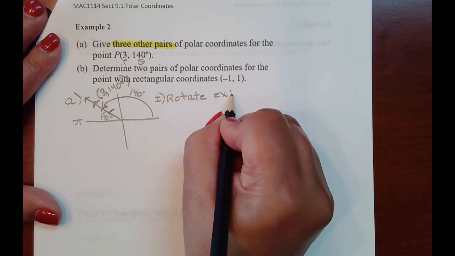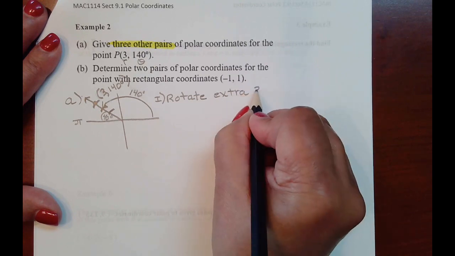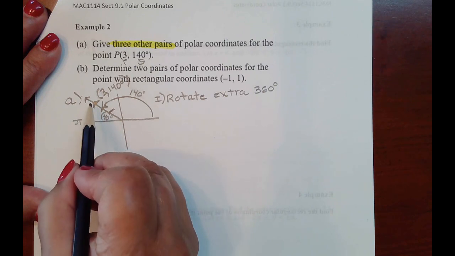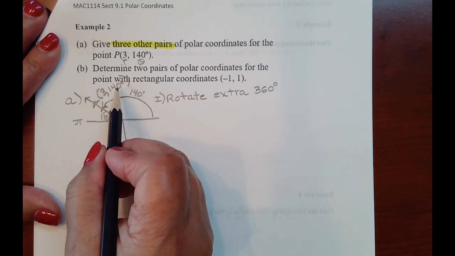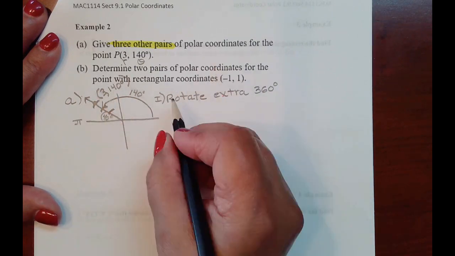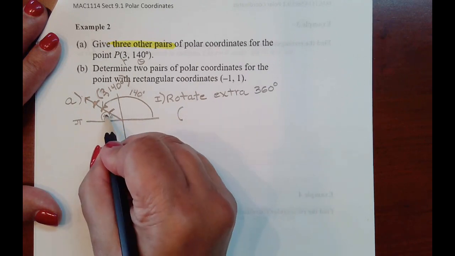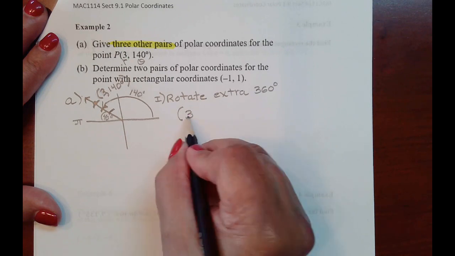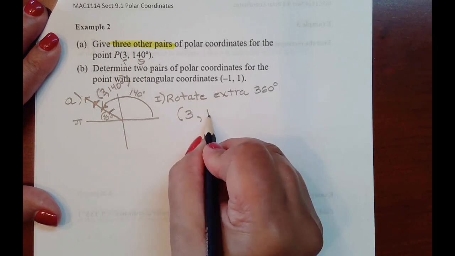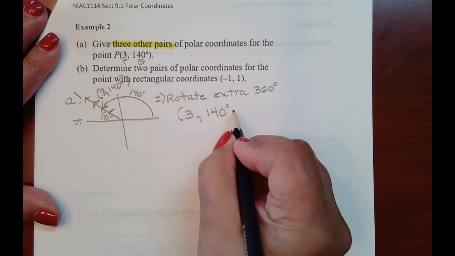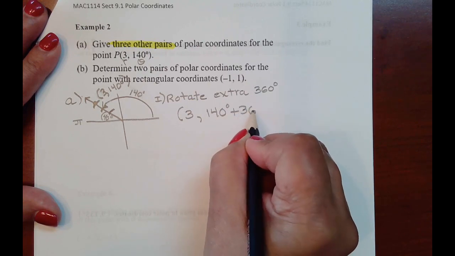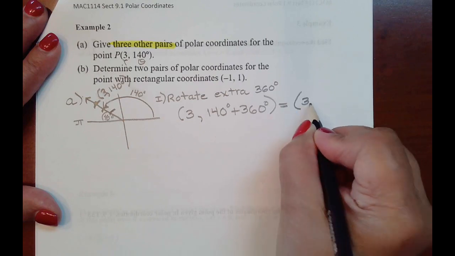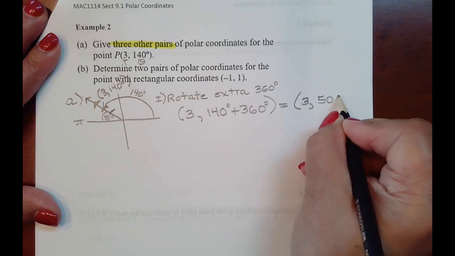What would the name of the point be at that point? Well, if you started off at 140 degrees and you added 360 to that, and you still wanted to be the same distance out on that rotating arm, you'd have to leave the R and then just go the 140 that you were at plus an additional 360, which would put you at 3, 500.